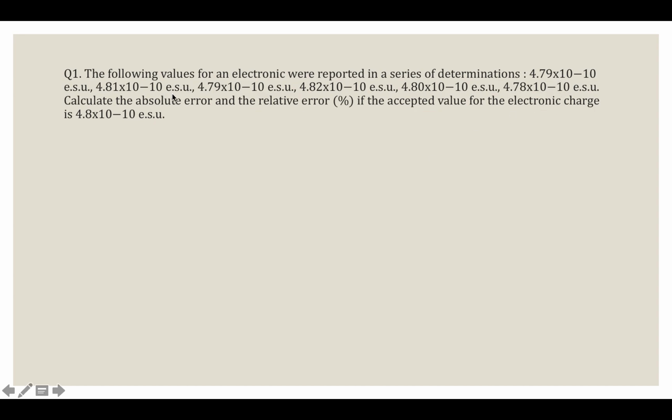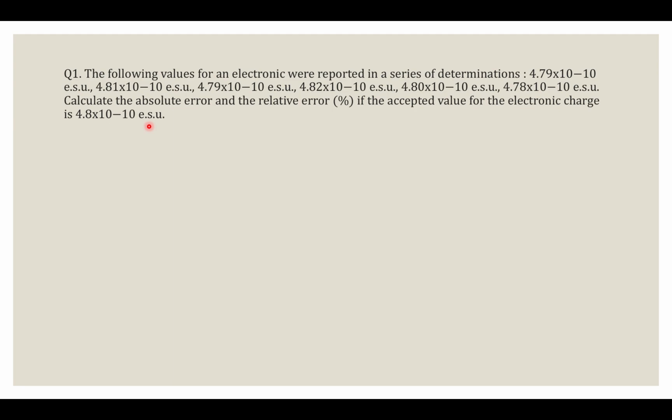So there are 6 measurements being made here, and we are asked to calculate the absolute error as well as the relative error in terms of percentage. We are given the accepted value of the electronic charge as 4.8 into 10 to the power of minus 10 ESU.